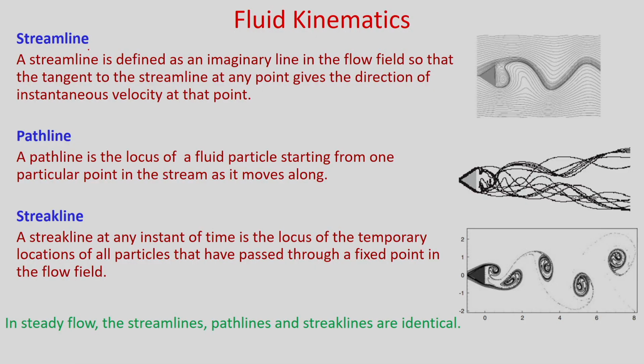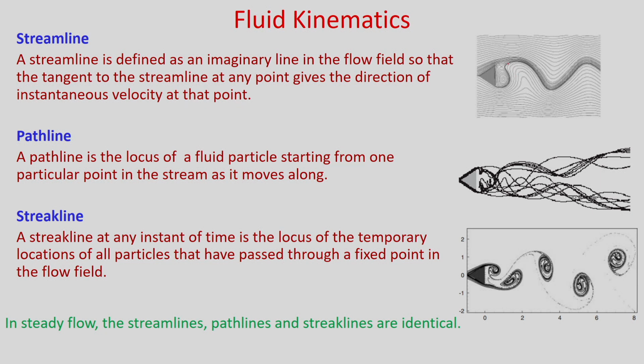So, when you are considering the Eulerian approach, there must be some visualization technique for seeing the fluid flow. For visualizing the fluid flow, first we will discuss the streamline. A streamline is defined as an imaginary line in the flow field, so that the tangent to the streamline at any point gives the direction of instantaneous velocity at that point.